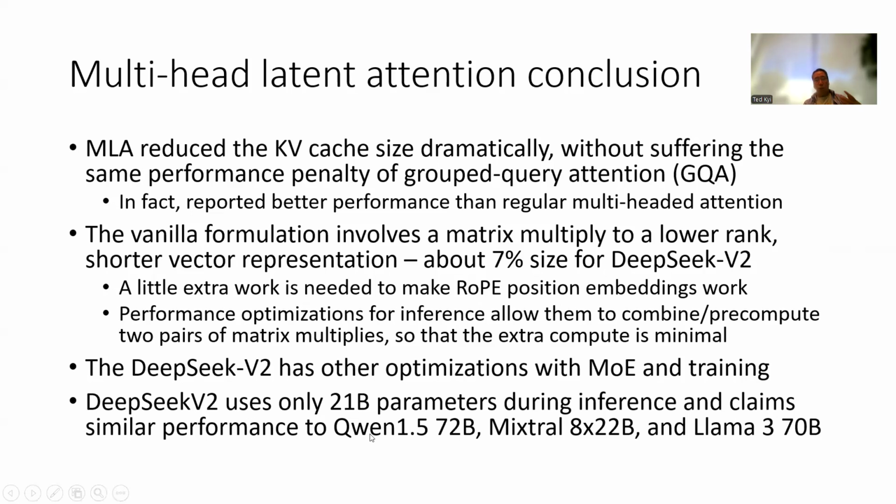Yeah, so at the end of the day, this DeepSeek V2 model, because of the heavy mixture of experts, is only using 21 billion parameters during inference. Okay, they have the 200 billion parameters, but when you do a forward pass, you're only using 21 billion of them. I didn't print it here, but they have performance that in many ways seems to beat Qwen 1.5 72B, be comparable with Mixtral, which is using 22 billion but has 8 experts.